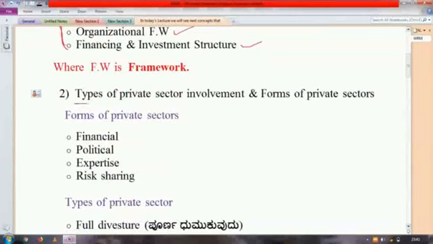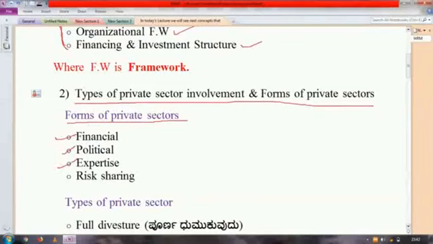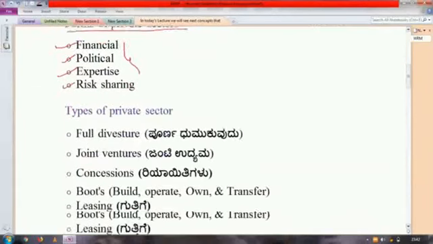So the second concept is types of private sector involvement and forms of private sectors. These are the forms of private sectors listed below here. That is first one is financial, political, expertise, risk sharing. These four are the forms of private sectors. We will discuss in detail when we are in the second concept.